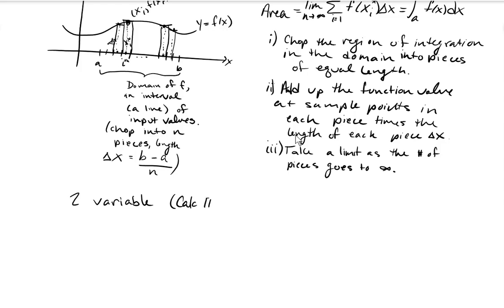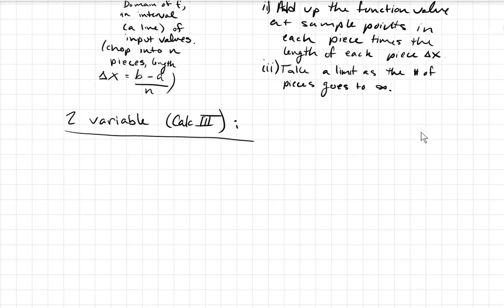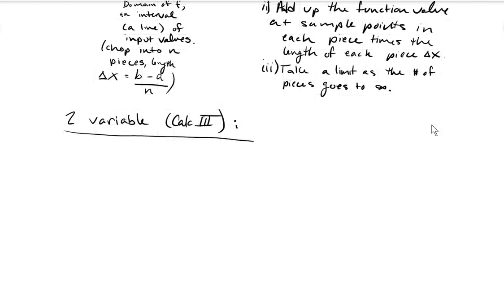This is real Calc 3 stuff now. We just recapped the Calc 1 case. In this case here, we're going to do the same general procedure, but let's think of the picture first. We have a function who's got some graph, right?